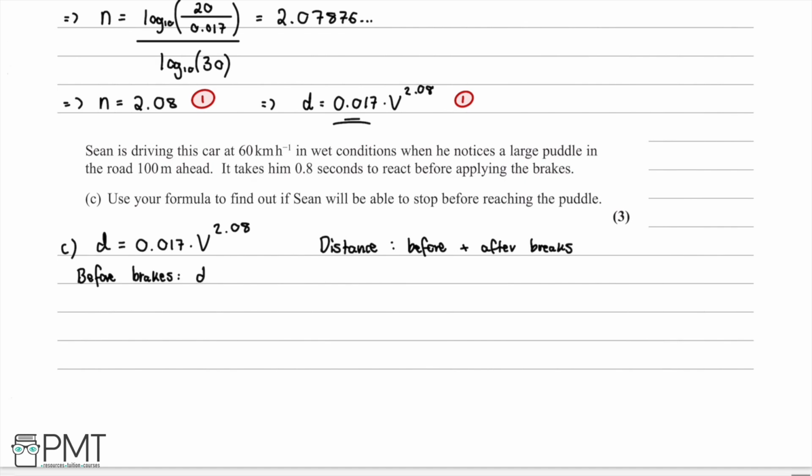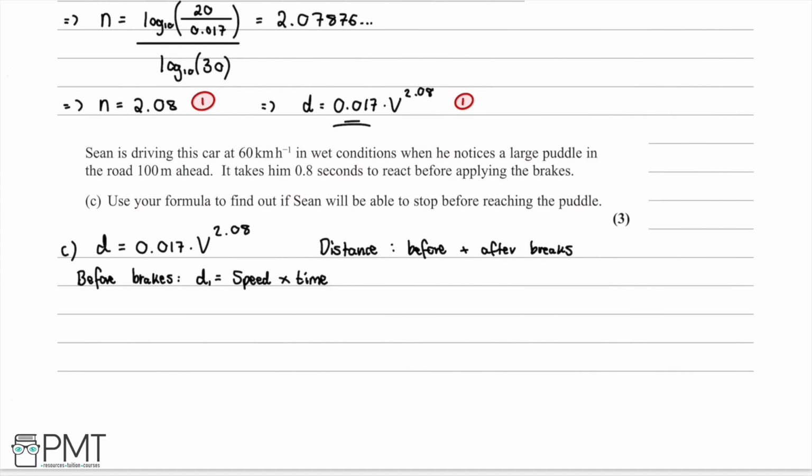So we'll have that the distance. So we'll note this as distance 1. And that is going to be worked out using speed multiplied by time. And we know that the speed of the car is 60 kilometers an hour. And then we want to multiply this by the time. But we know that the time is 0.8 seconds.